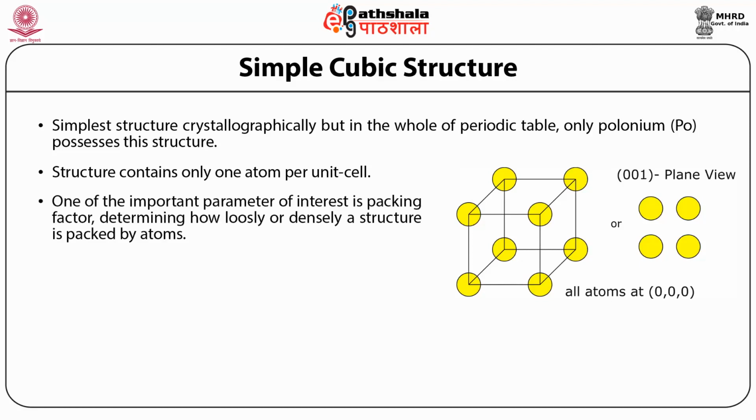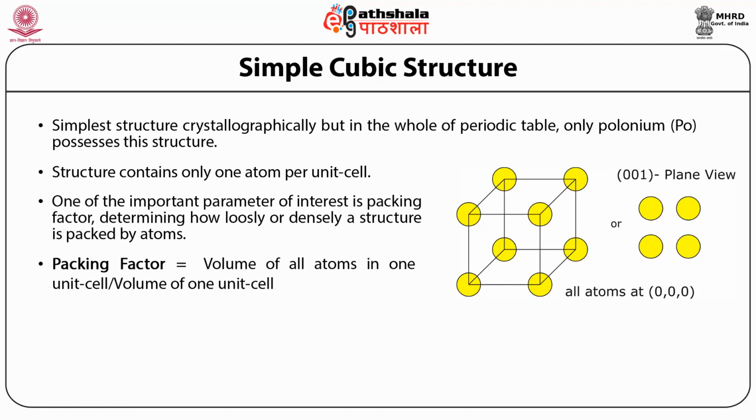One of the important parameters of interest is the packing factor. Packing factor determines how loosely or densely a structure is packed by atoms, and it can be calculated by taking the ratio of the volume of all atoms in one unit cell to the volume of one unit cell.